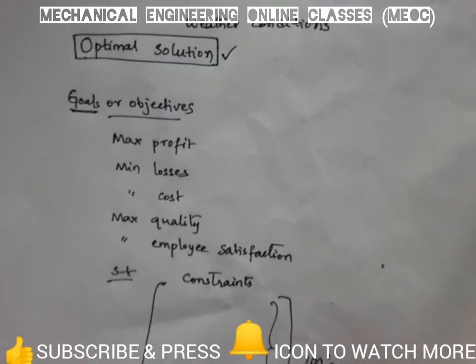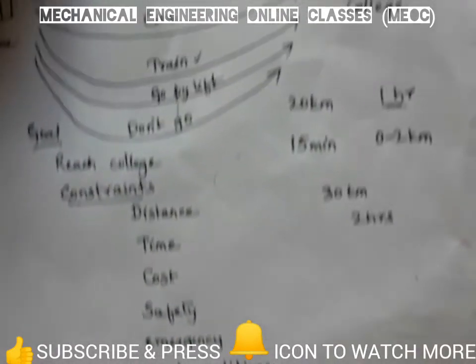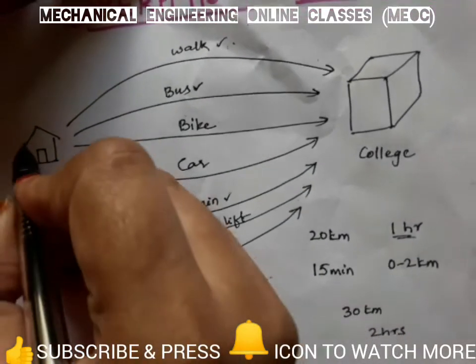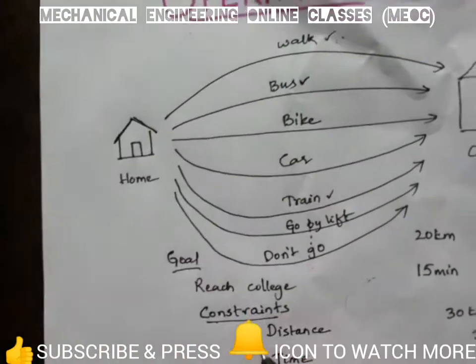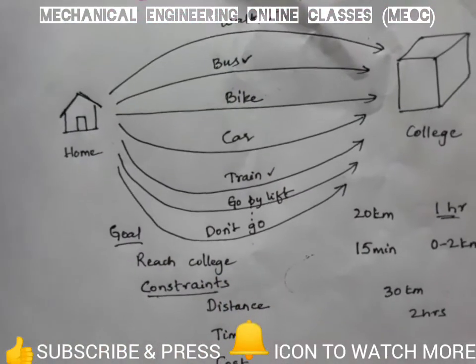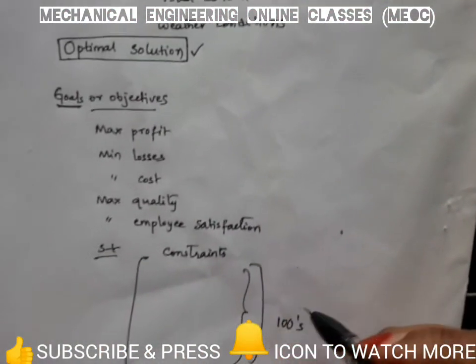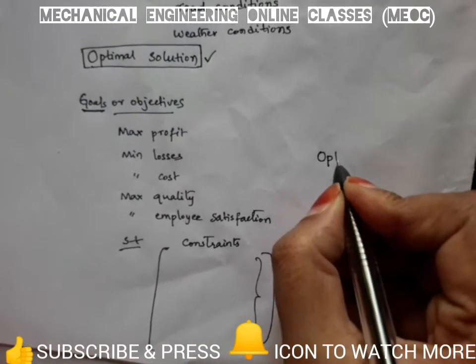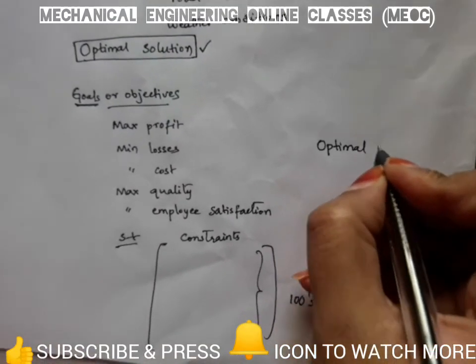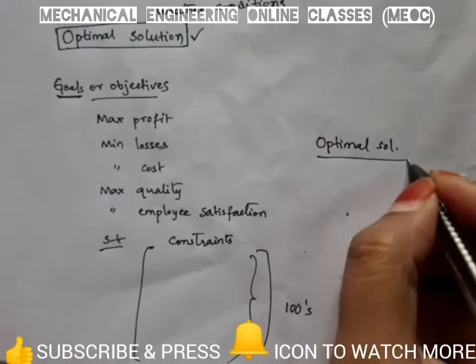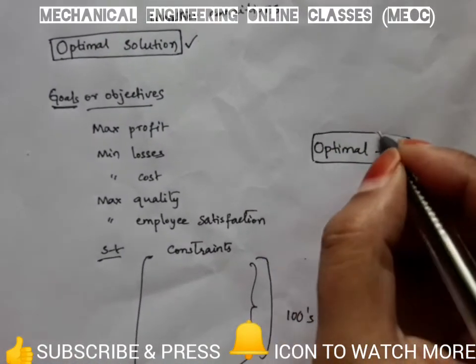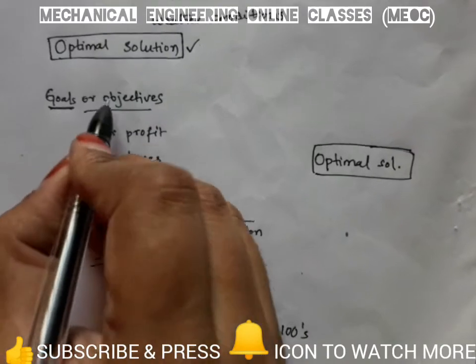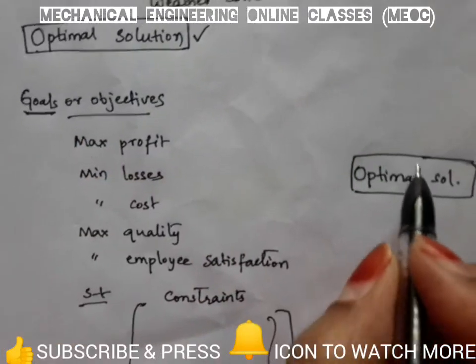So here our basic experience or intuition will not work as in the example taken previously. Here we have to calculate things in order to arrive at the optimal solution, which will satisfy all the constraints and reach the goal in the best manner. For this we need operations research.